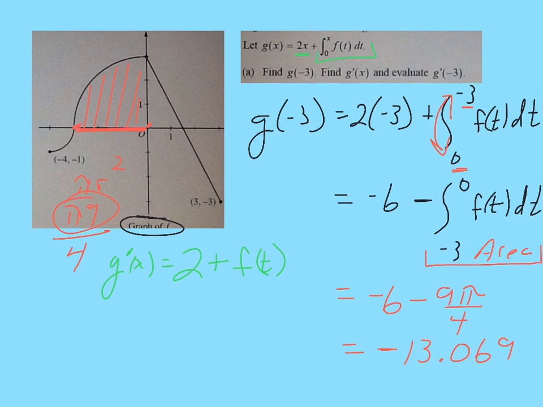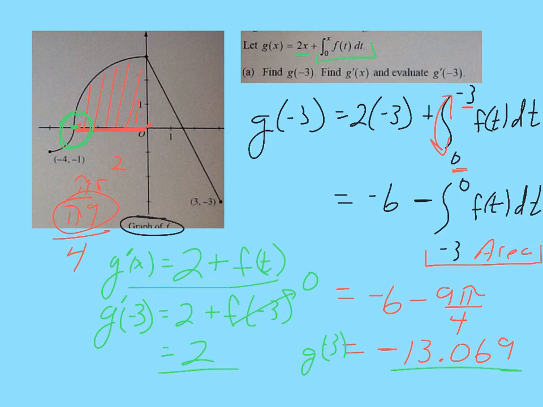So when we want the derivative evaluated at -3, we get the 2, and we need f at -3. If I go up here, f of -3 is just that point right there. It's actually 0. So 2 plus 0 is 2. There's my derivative. There's g prime of -3.